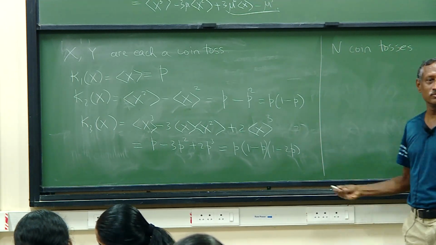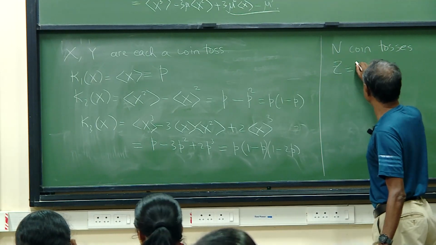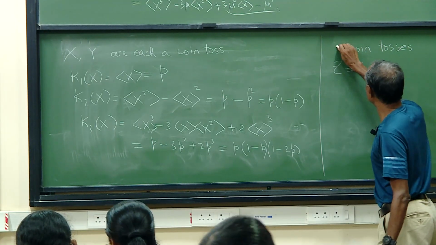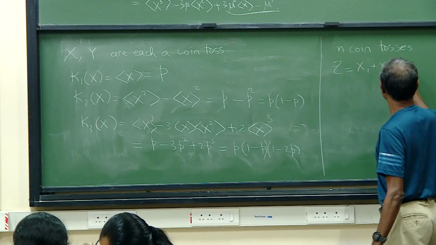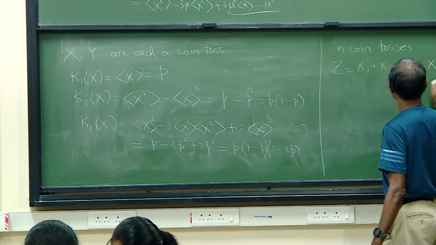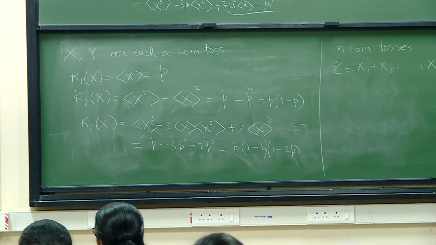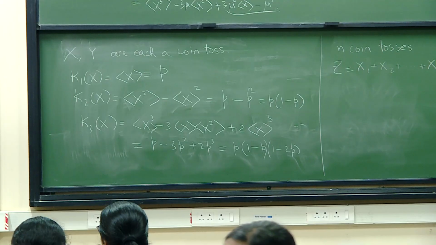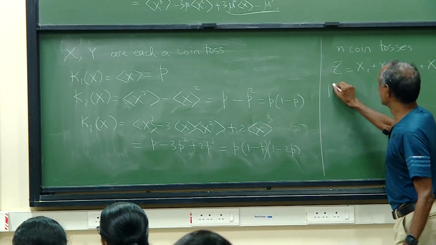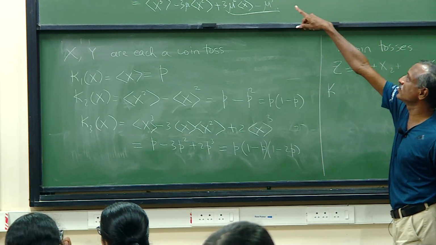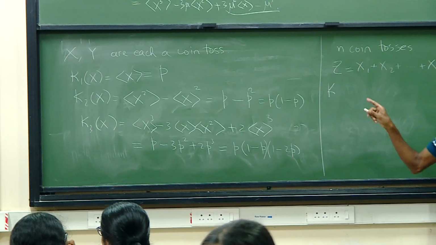I'm brave now. All n coin tosses, they are all independent of each other. You can see we can use this property of cumulants recursively.